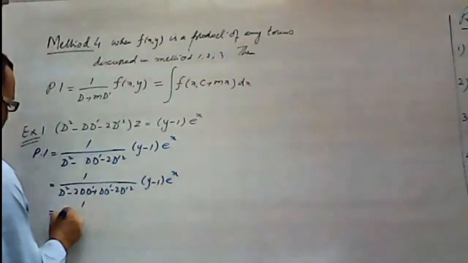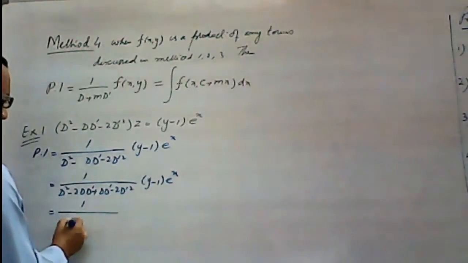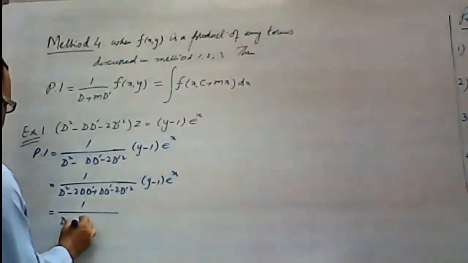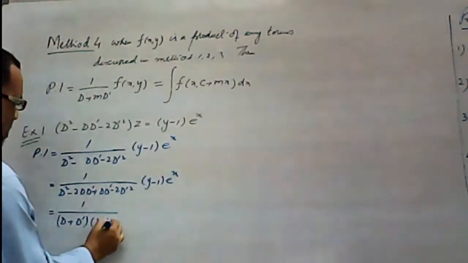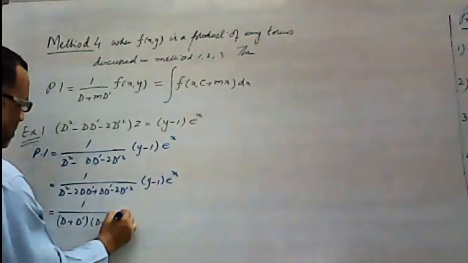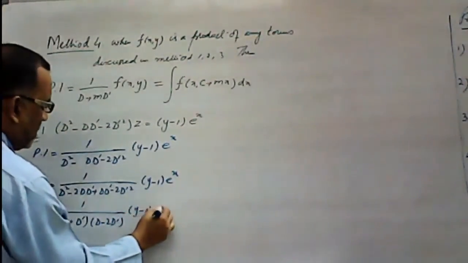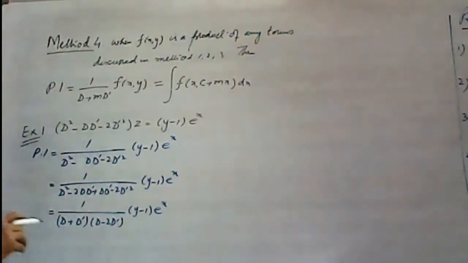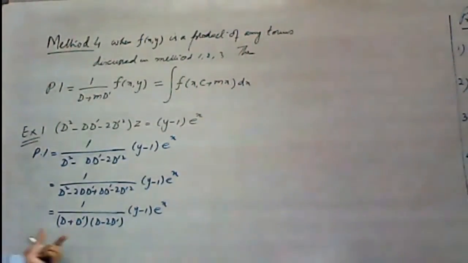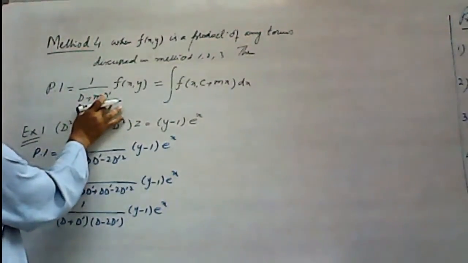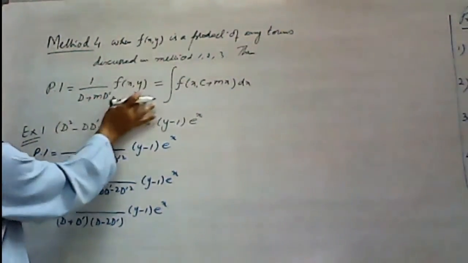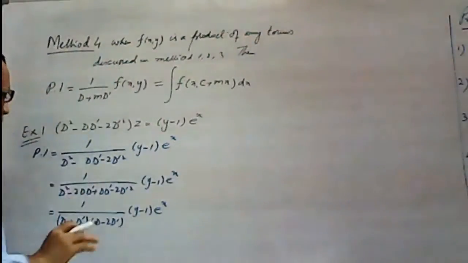It means I have factors like d plus d dash and d minus 2d dash. These will be the factors of this term. But our formula says we must have a single term applied on this function of xy.